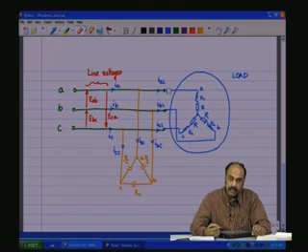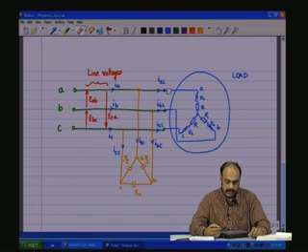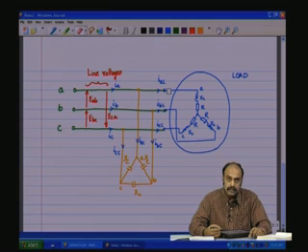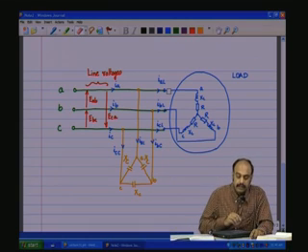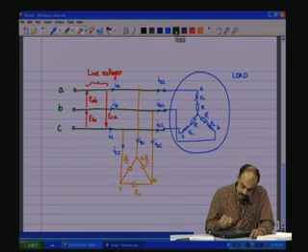So, let us have the line voltages as our reference, and then from there let us try to build up our phasor diagram.